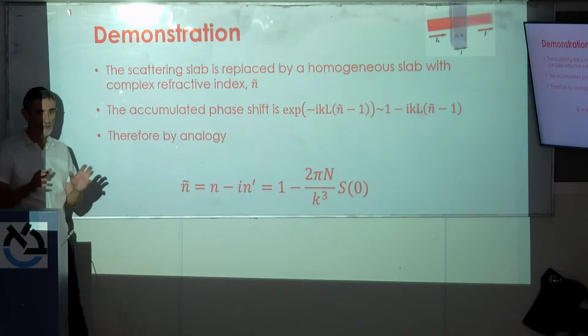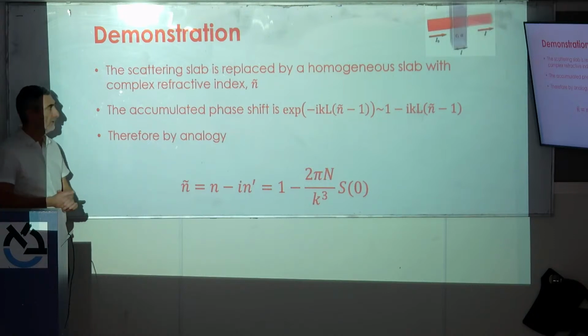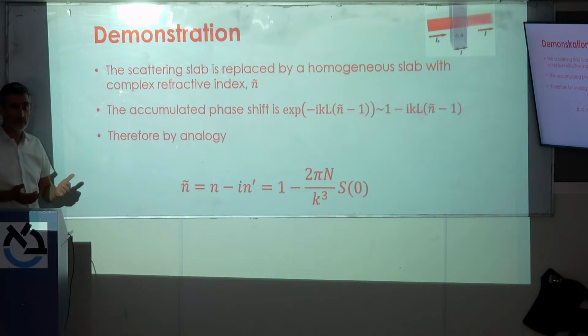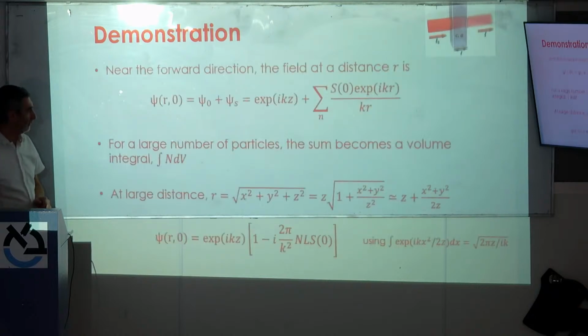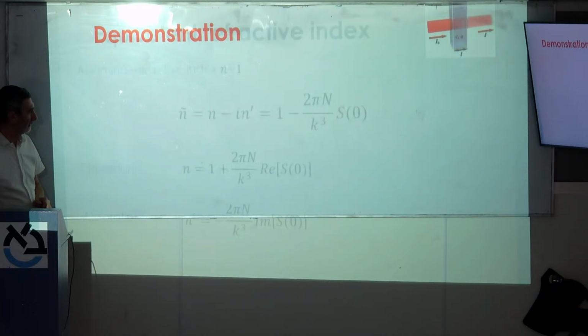So you see the idea: you have a scattering medium, and you replace it, this is the mean field approach, by a medium with homogeneous index of refraction, and it has two components. One component, the real part, I go back to the description here.